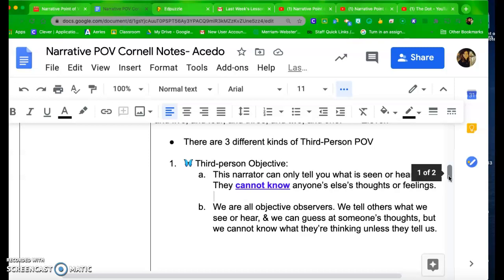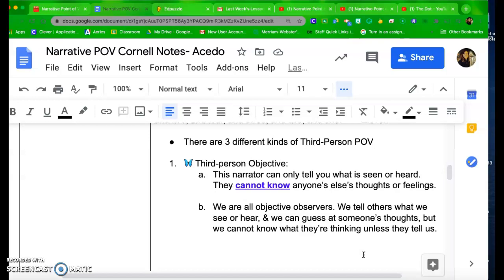So we call third person objective point of view kind of like the fly on the wall. I tried to get an icon of a fly, but I couldn't find one, so I used a butterfly. In the third person objective point of view, the narrator can only tell you what is seen or heard. They cannot know anyone else's thoughts or feelings, right? So it's kind of like just the facts, ma'am. You're just getting people's actions and what they say.